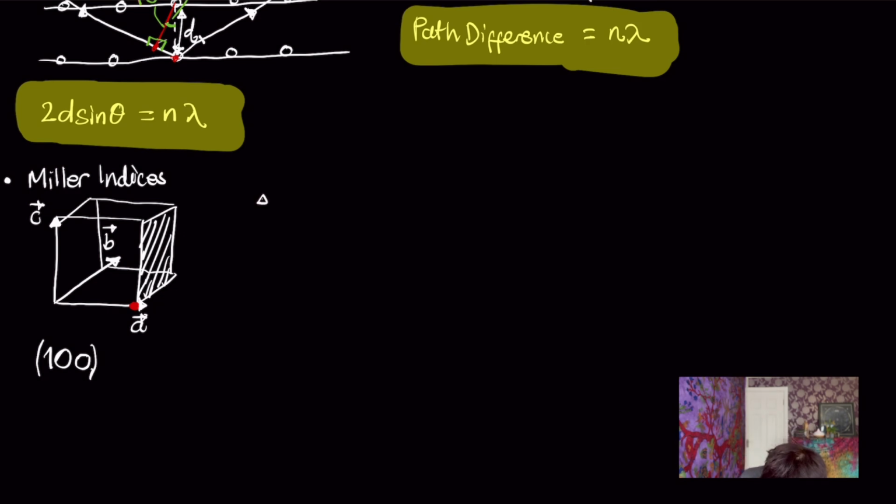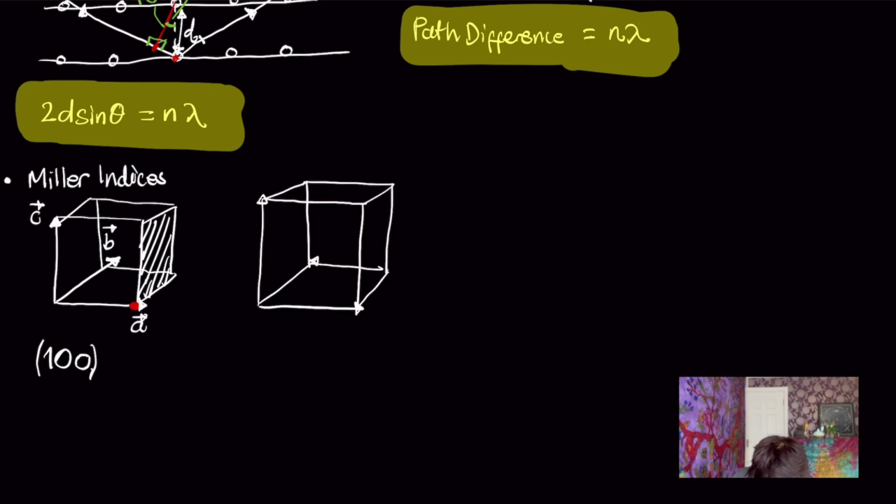So let's go ahead and draw out our unit cell once again. Now I'm going to draw a plane which goes diagonally across from this edge of the cube to this edge of the cube, and I'll just shade it in. So let's ask the same question. Whereabouts along A does it intercept? Well, it intercepts along A right here at 100% of the way through. 1 divided by 1 is 1, and that's our first index.